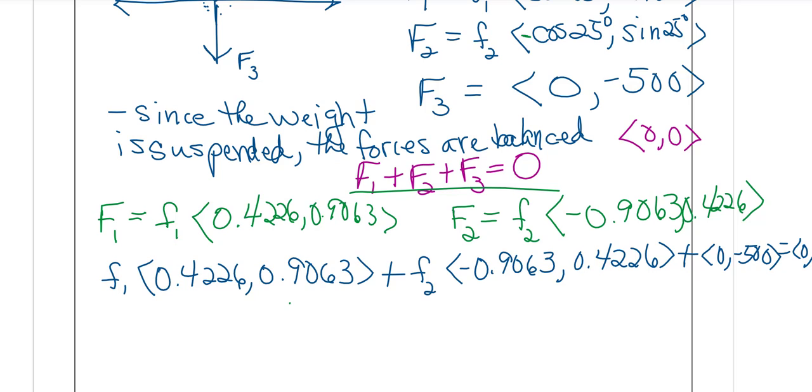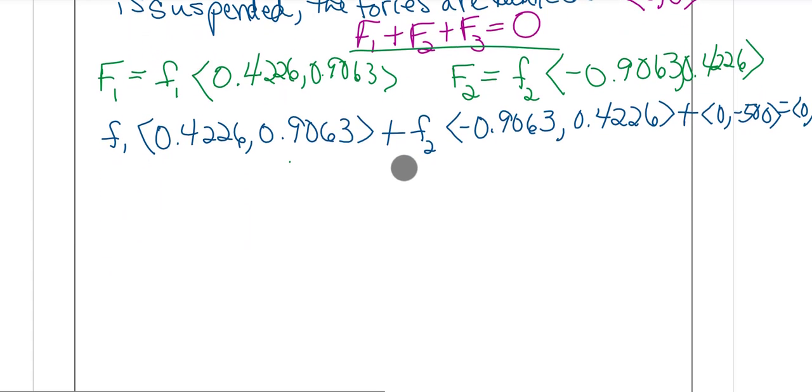All right, so now breaking these up into their x and y components, I have two equations. I have two unknowns, little f1 and little f2. I can solve a system of equations to find those two forces. So that's what we're going to do.